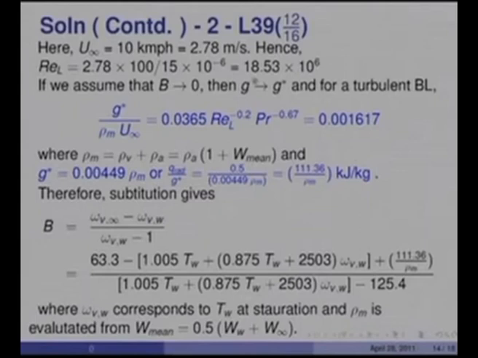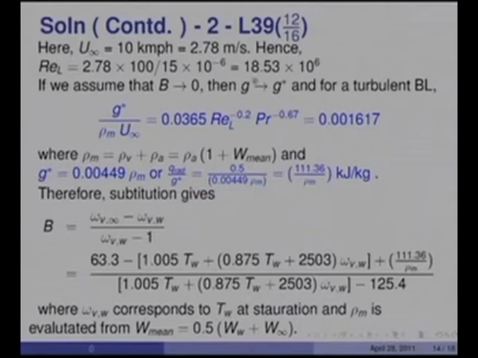0.001617. Now, rho m, the mixture density, will be equal to rho of the vapor plus rho of the air, which would be rho A into 1 plus specific humidity mean, which is the kg of dry air divided by kg of the mixture, and G star would be therefore 0.0049 into rho m. I have multiplied here by U infinity, which is 2.78.